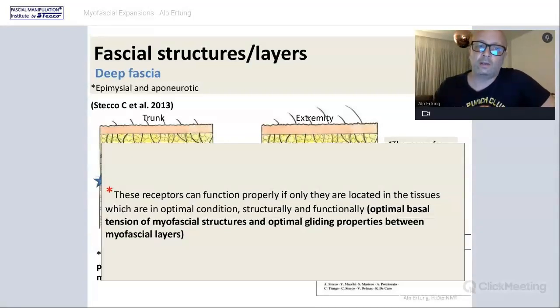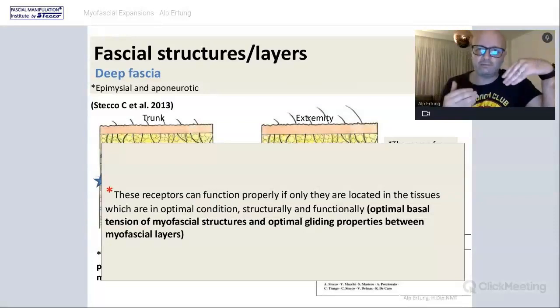So for the fibrous component, we need the optimal basal tension of myofascial structures, and in between those, we need optimal gliding ability. With the help of this architecture and proper function and structure, we can perceive the right information and create the motor response for that.